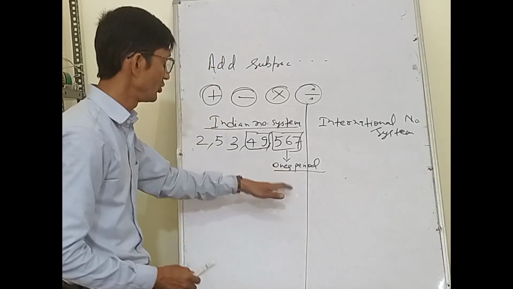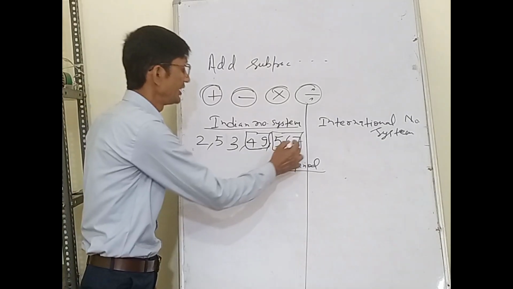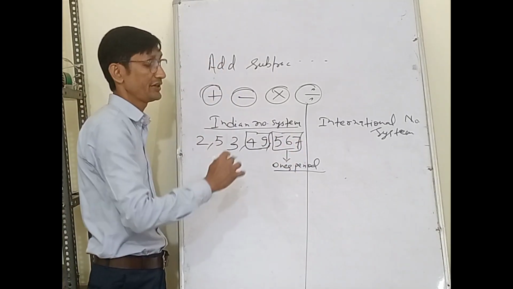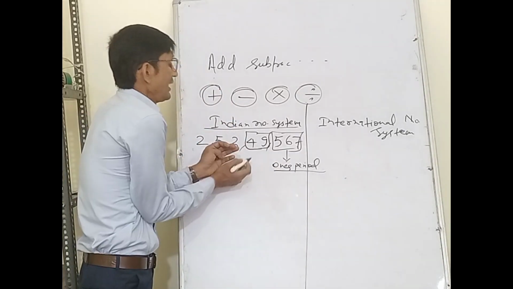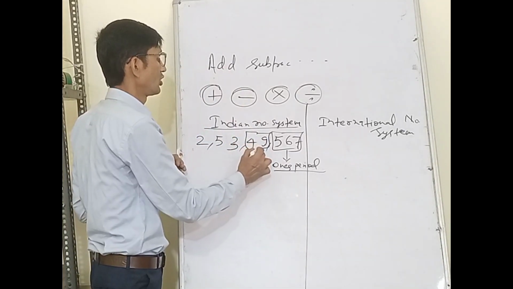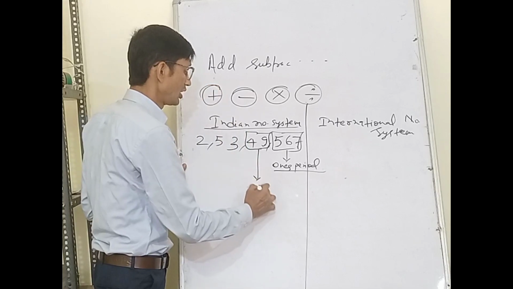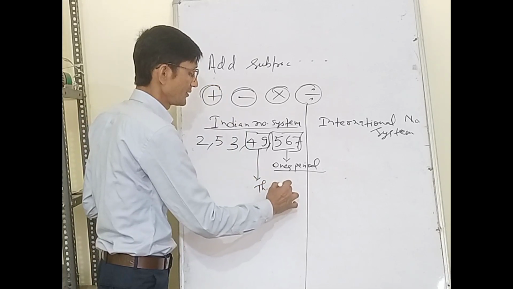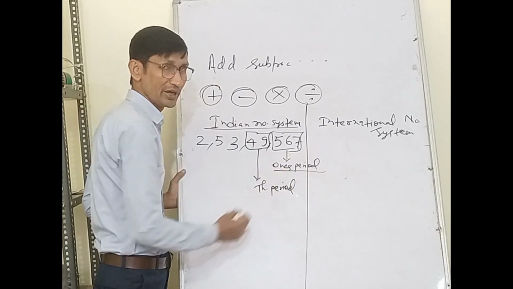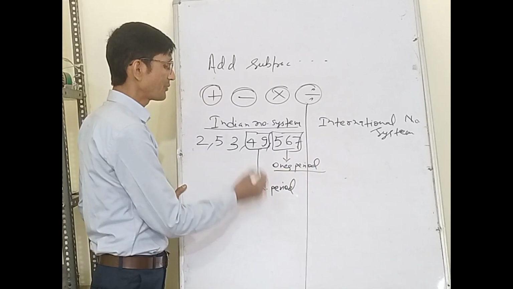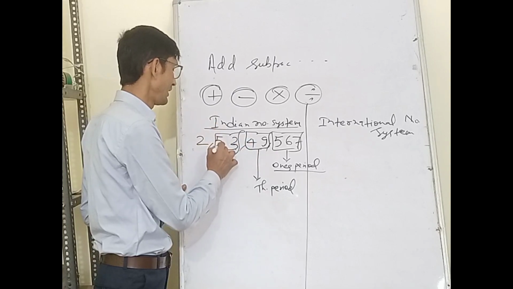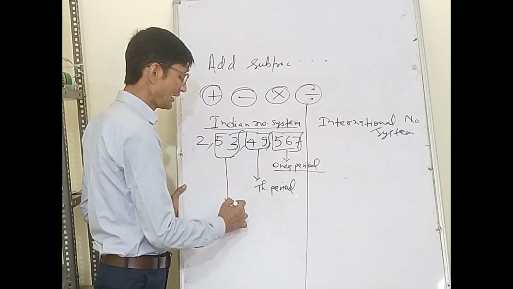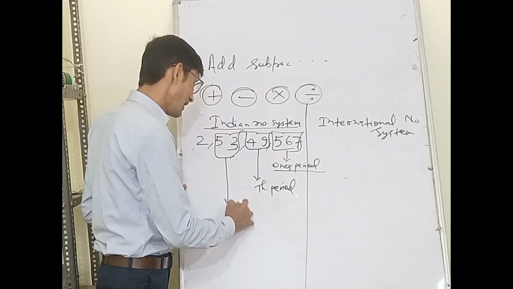Suppose the first period is the ones period, completed in 3 digits: ones, tens and 100 come into the ones period. After that, 1000 and 10,000 obviously come in the thousands period. After the thousands period comes the lakh period, because lakh and 10 lakh come in the lakh period.